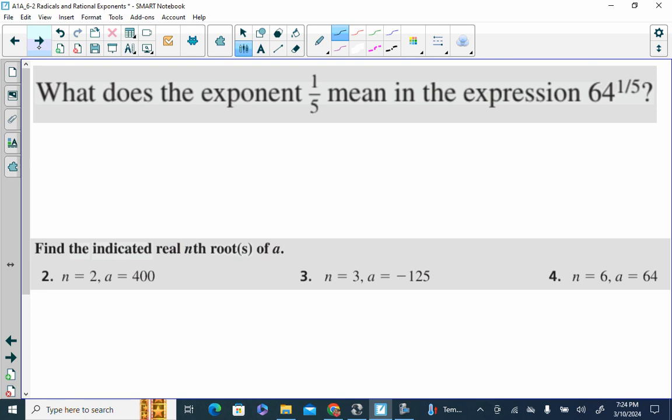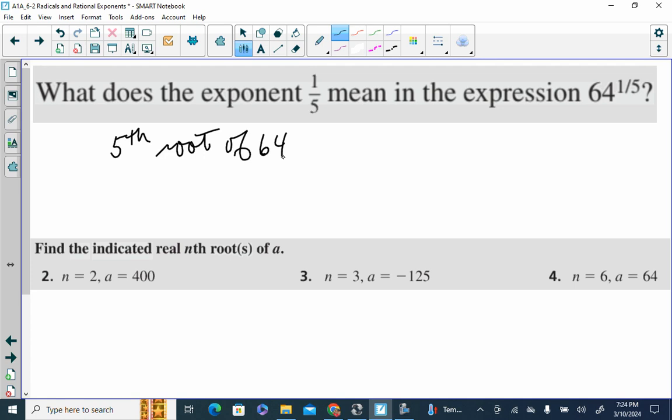What does the exponent 1/5 mean in the expression 64 to the 1/5? It means that we want the fifth root of 64, right? So what number used as a factor 5 times would give us a product of 64?